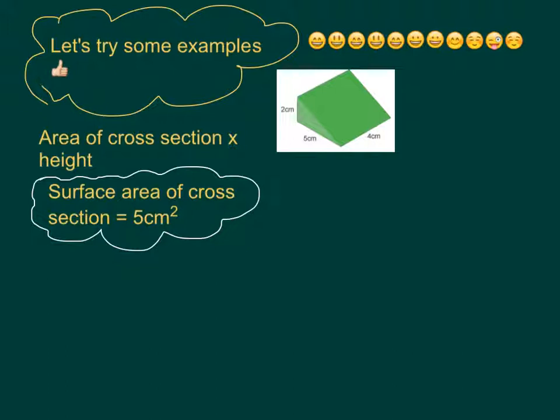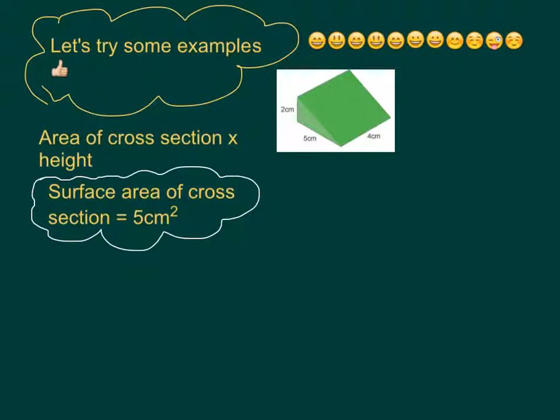So now that we've got the area of our cross section to be 5 centimetres squared, the next thing we have to do is multiply this by the height. And in this instance, we can see that it's 4 centimetres.